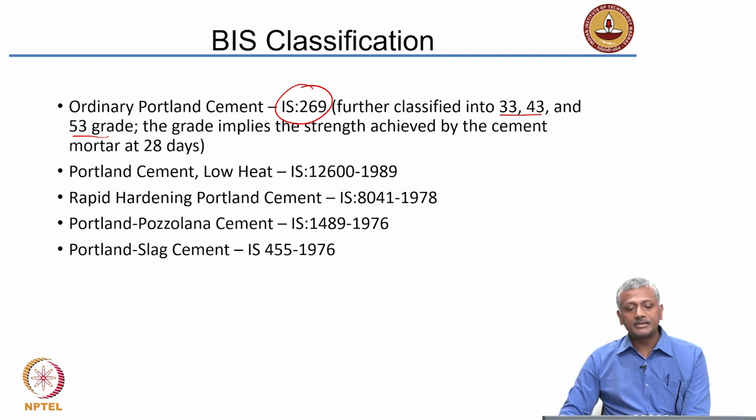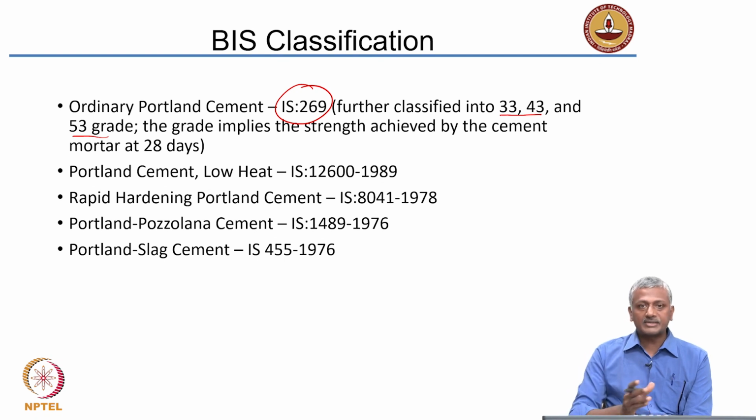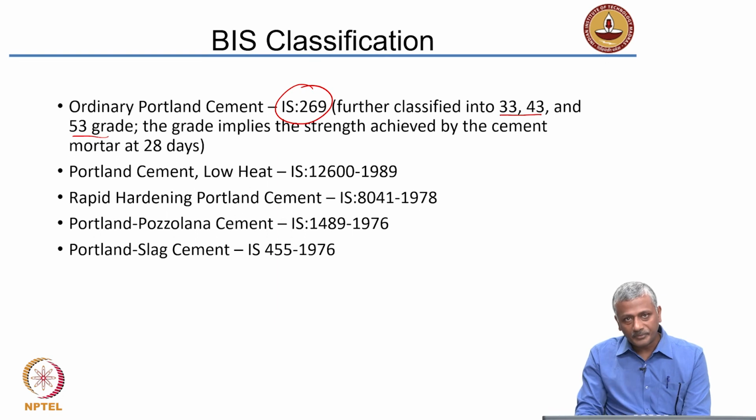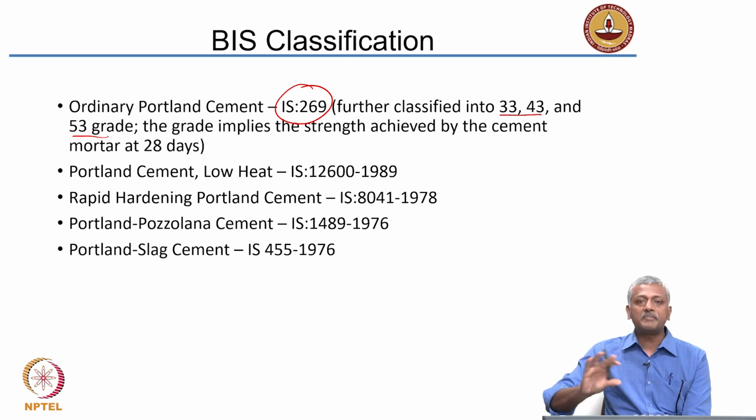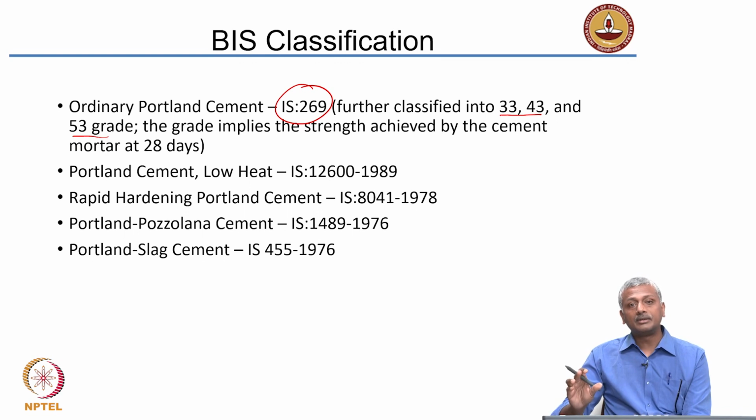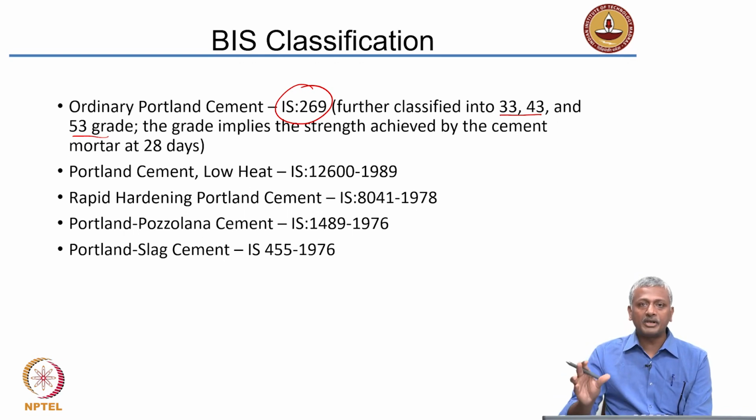I said earlier the compressive strength of cement is determined on the mortar. So the grades 33, 43 and 53 refer to the strength attained by the cement mortar, which is as per a certain formulation.